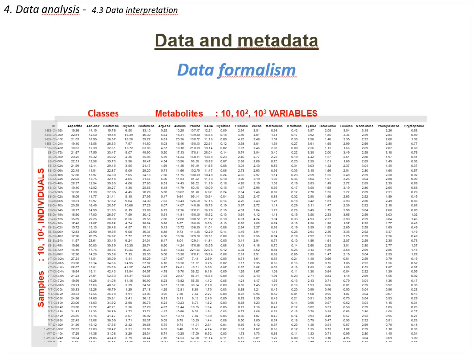The table is organized as follows. You have individuals in rows, maybe dozens, or quite often hundreds of individuals, which means samples. And then the variables in columns, starting with the controlled variables, so the metadata that will be necessary to interpret the results. And then finally the metabolites, a dozen, hundreds, or sometimes thousands, not of metabolites, but of ions, before you can regroup them into metabolites.